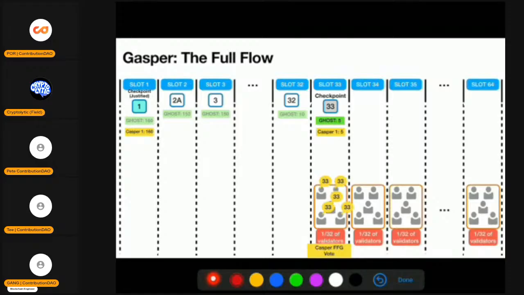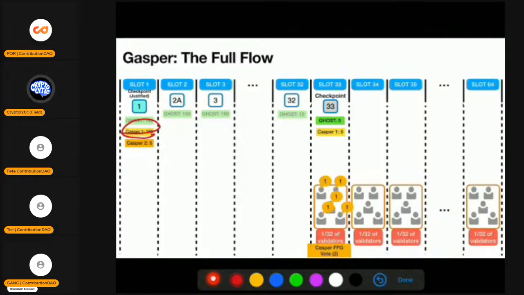So now the validator assigned to slot 33 is going to make a vote for this checkpoint, for the LMD GHOST vote, and also the Casper FFG vote as well. But if you remember, in order for the checkpoint to get finalized, you have to get 2 voting phases, but you have only completed 1 voting phase here.